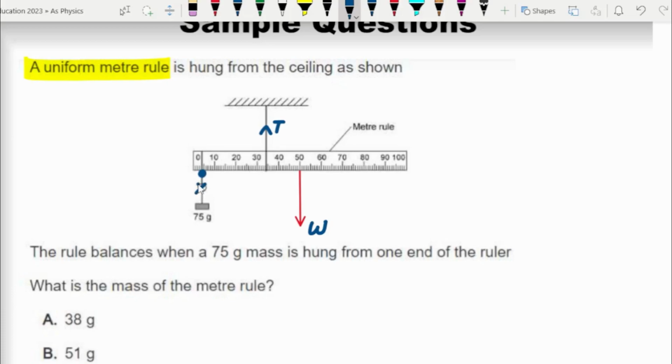The first one, point X. The second one, point Y. The third one, point Z. So we can choose any of these 3 points as the pivot. We can do it otherwise as well, but these 3 would be the most suitable options. And at the same time, you need to keep in your mind what you have to find, the mass of the meter rule.